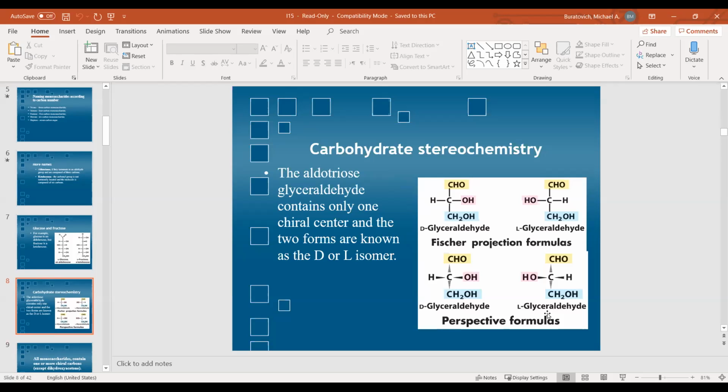If it looks like L glyceraldehyde, it's an L sugar. This is your standard of comparison. So you don't take some particular carbon. No, you compare it to these two standards. And if it's like this, it's D. If it's like this, it's L.